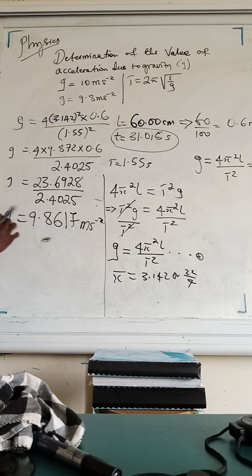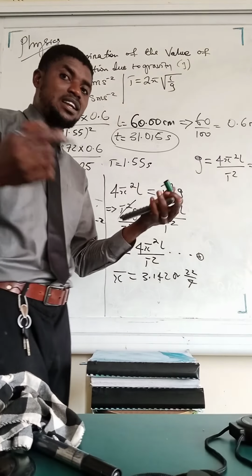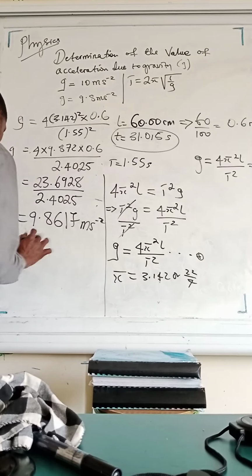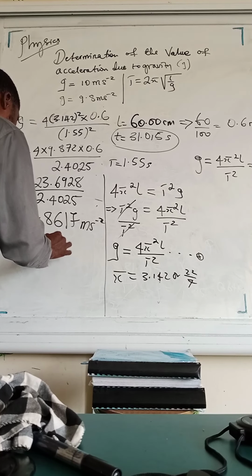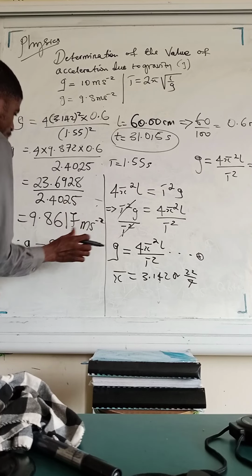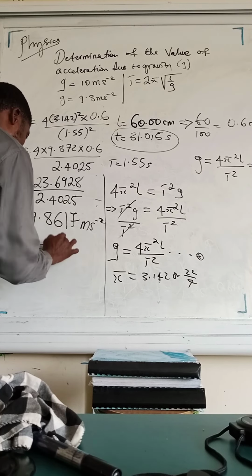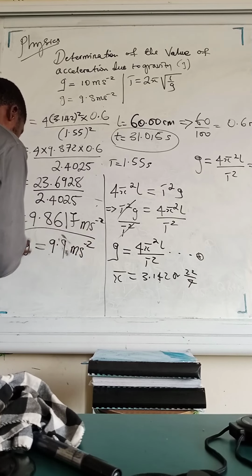So to write this value to 2 dp, we have therefore, acceleration due to gravity in this college is given as 9.9 meters per second square.